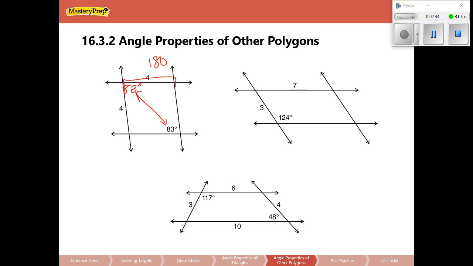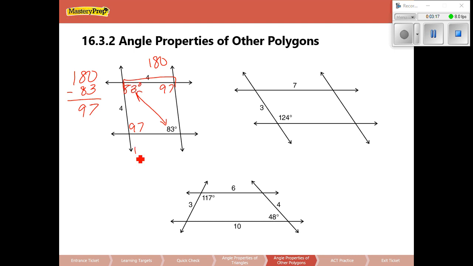So we can say 180 minus 83, this would be 97, which means this angle down here is 97. And if we added all 4 of these together, we would get 360, because the sum of the interior angles of any 4-sided figure is 360.